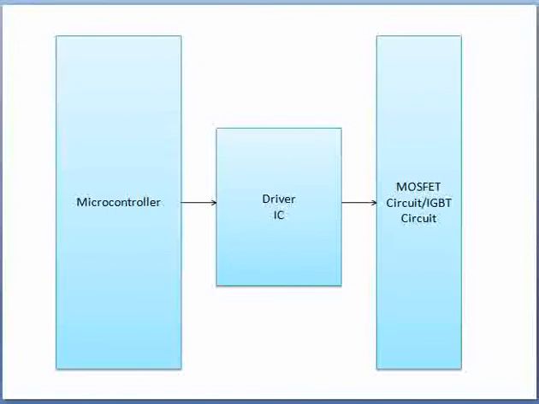If you see this block diagram, the microcontroller is trying to drive a MOSFET or IGBT circuit with a driver IC. If you have huge power conversion circuits where these MOSFETs further drive a motor or something, and these are power MOSFETs, you definitely need to switch them very fast.